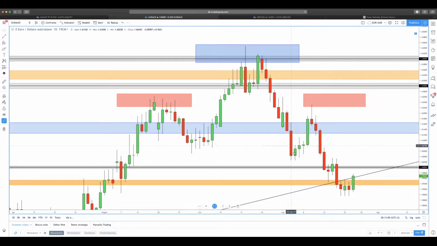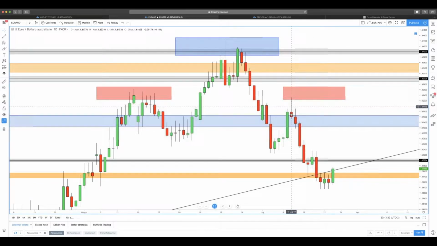I expect after this first bearish movement a correction, because we can see here a clear head and shoulders.